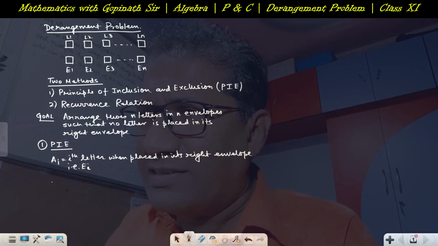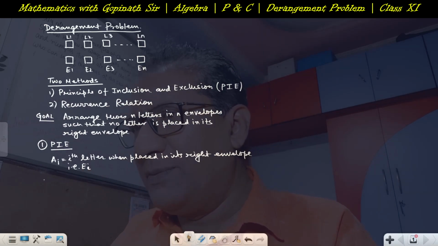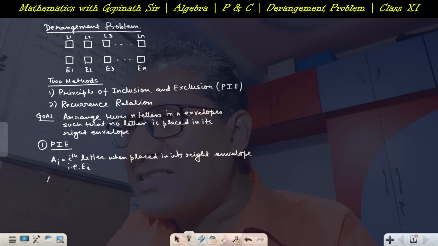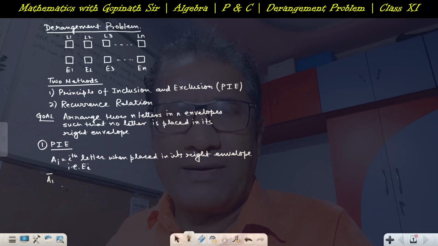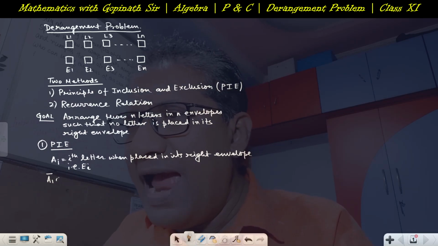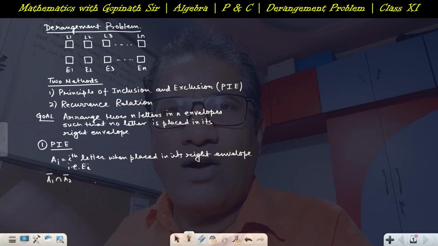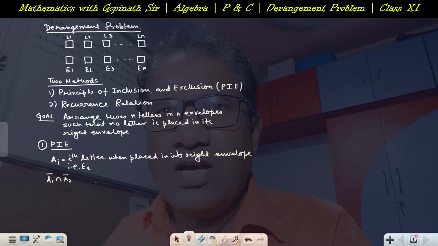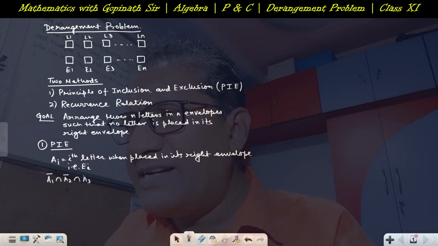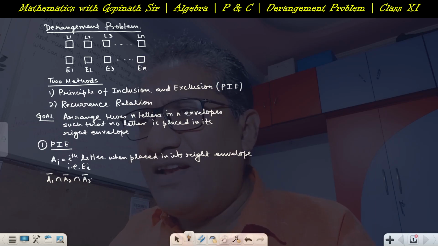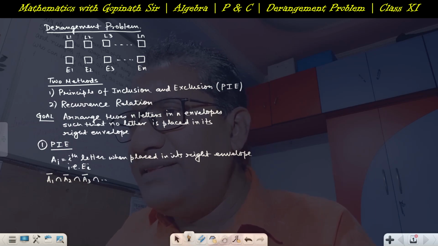Now, what do you want? I want that the first letter should not be in its right envelope, that is A1 bar. And the second letter will also not be in its right envelope, so it is A2 bar. Similarly, the third letter will not be in its right envelope, A3 bar, and this goes on to An bar.